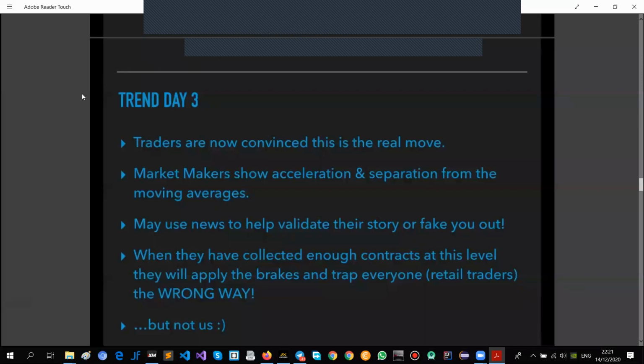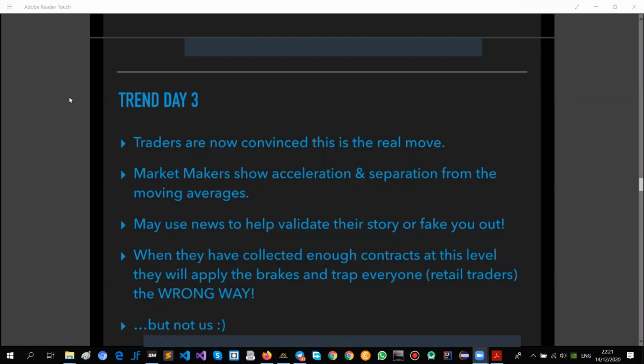So they are convinced now that this is a real move. Then the market makers show acceleration and separation from the moving averages, and you all know what will be happening then.